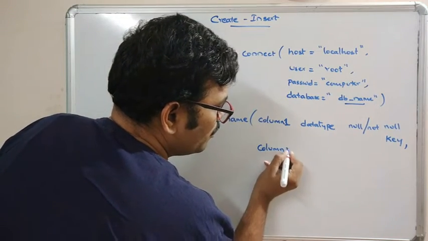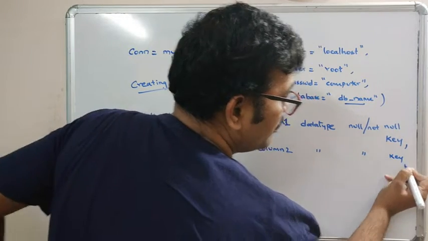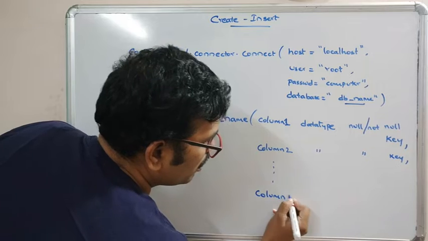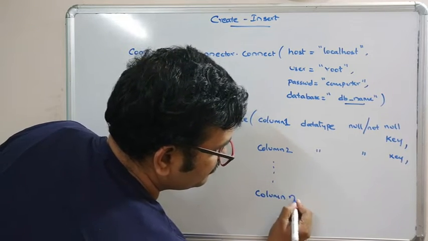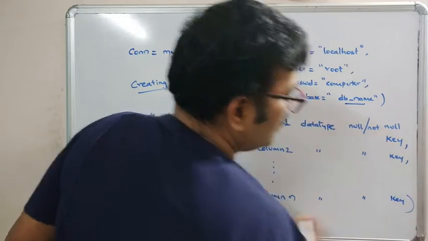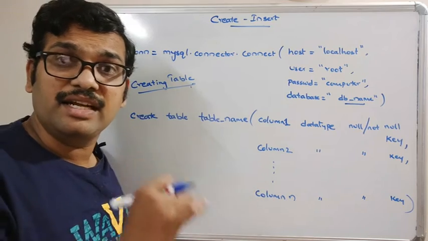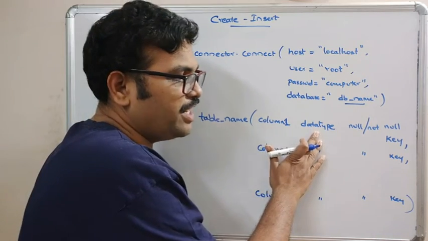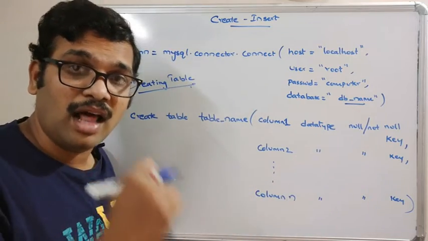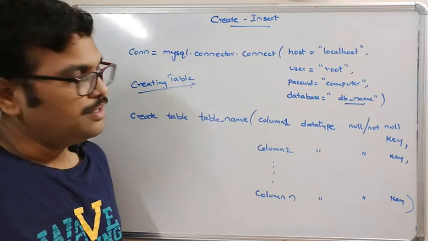Similarly, column 2, data type, null and key. Similarly, so on, column n, data type, null or not null and key. Like this we need to give different columns, and for each and every column there must be a data type, and we need to give the constraint whether null is acceptable or not null, and we need to give some keys, right?